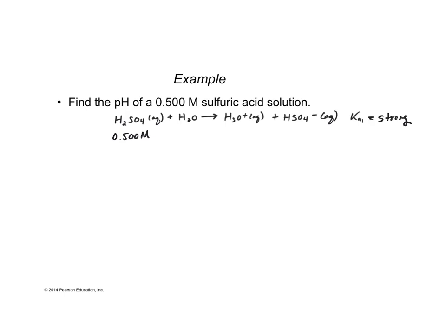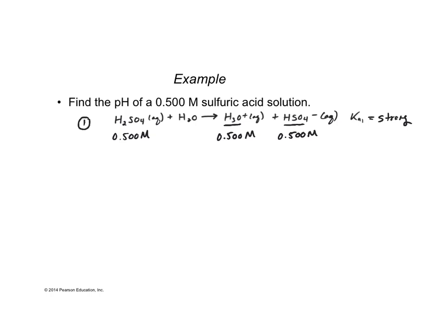Complete ionization, right? So what can I assume about how much H3O+ I have and how much HSO4 1- I have? It's the exact same concentration. I have 0.500 molar and I have 0.500 molar, because it's a 1-to-1-to-1 ratio. That's the first step, the first ionization.